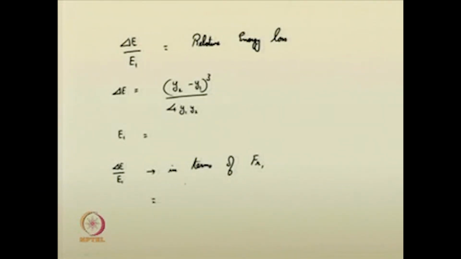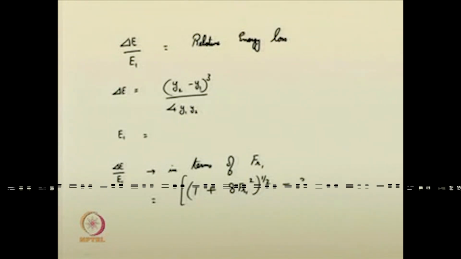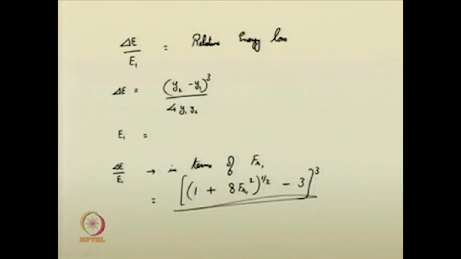Again, I am not going to derive it; you have already seen the derivation process. I will just write the final form: the square root of 1 plus 8 FR1 square, minus 3, whole cube, divided by 8 times 2 FR1 square times the square root of 1 plus 8 FR1 square, minus 1.